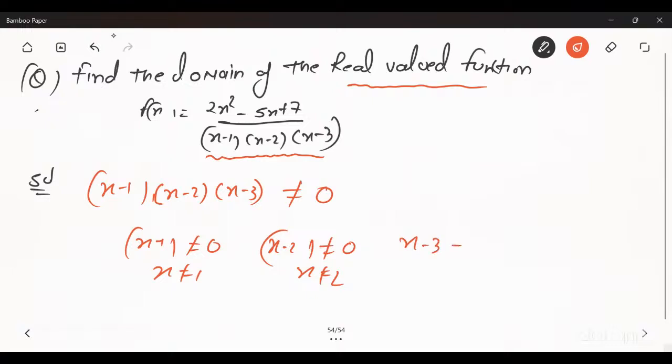If x minus 3 does not equal 0, then x does not equal 3. So for the function to be defined, the domain is R minus {1, 2, 3}. That means we do not have to put the value of x as 1, 2, 3, and we can put any real number value of x except 1, 2, and 3.